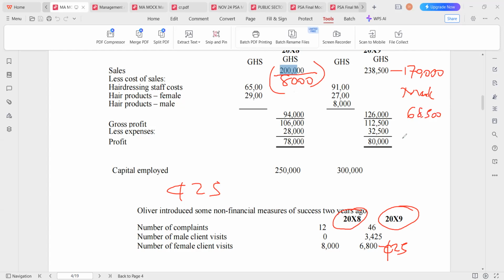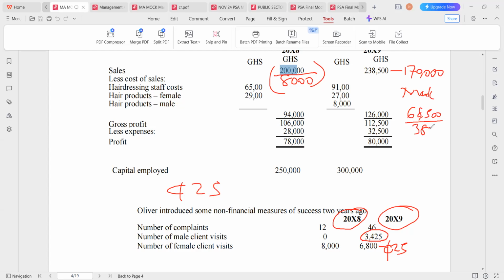So how many male clients did we serve? 3,000. So we divide, then to give us the price.